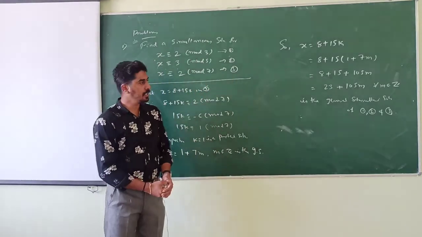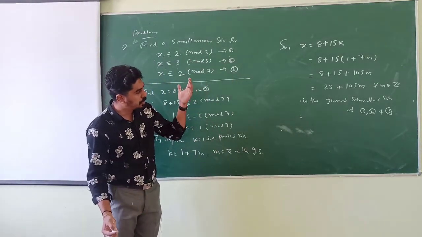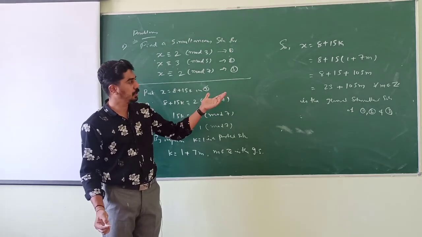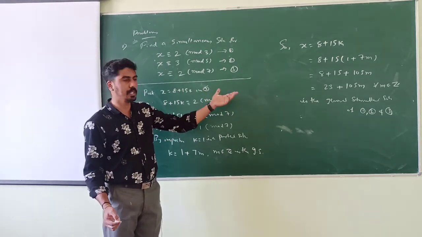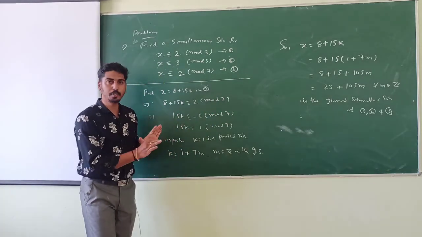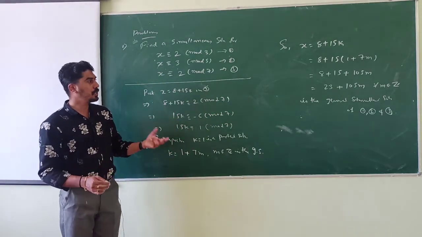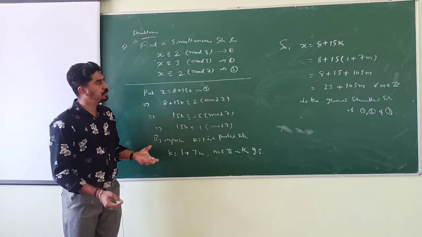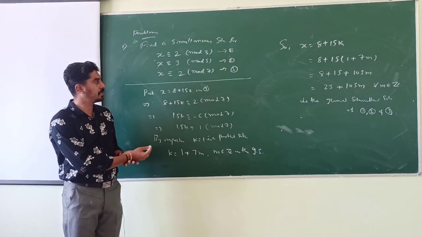As we found earlier, when I put m equal to 2, I get 210 plus 23, which is 233, a particular solution. So this method gives the general solution. To find a particular solution, we can use the Chinese remainder theorem, which is much simpler than this method.